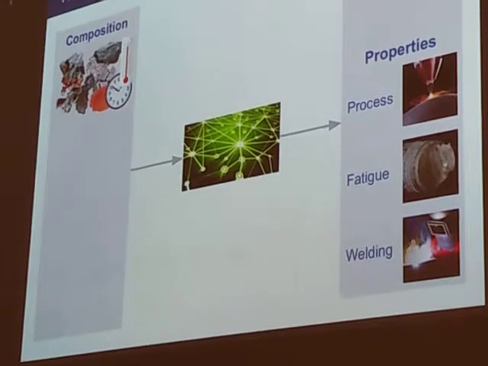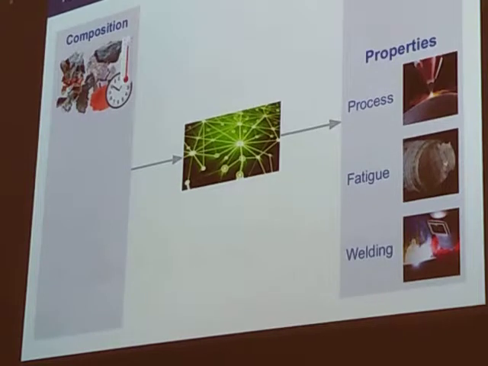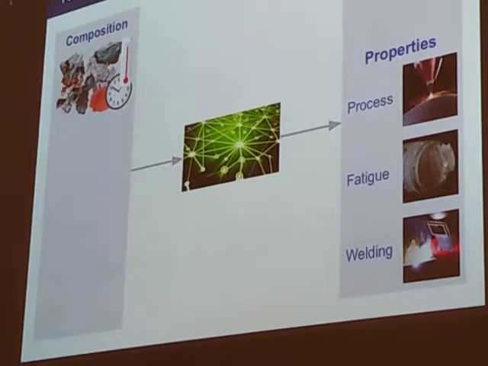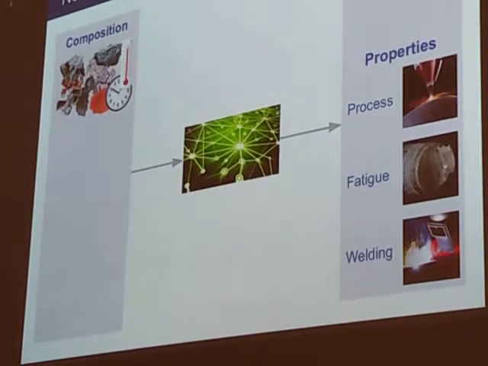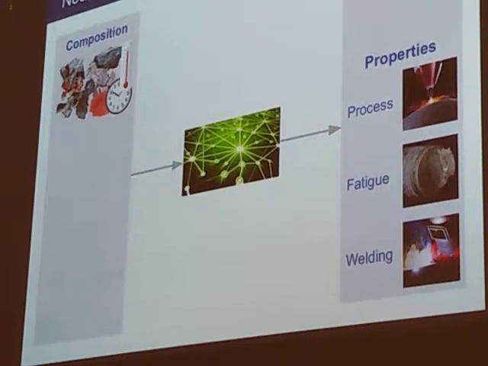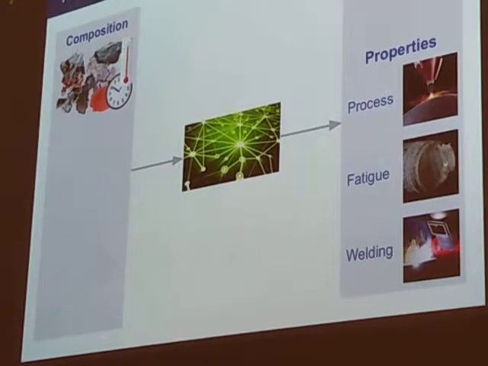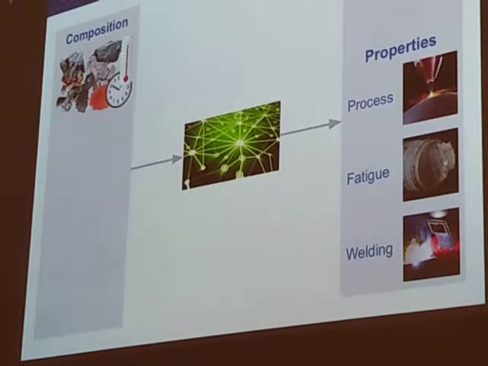Now that's going to work well, except for the fact that 3D printing for alloys is a new process, and for this family of materials, nickel alloys, it has only been tried on about 10 different materials in the past, 10 different compositions. And that isn't very many. We have on the left-hand side around a 30-dimensional design space.